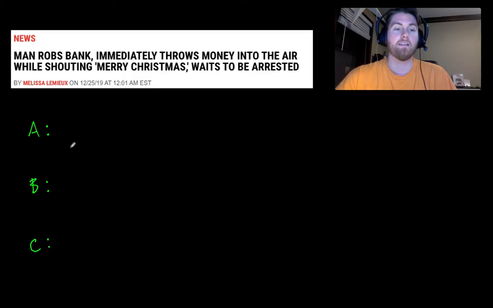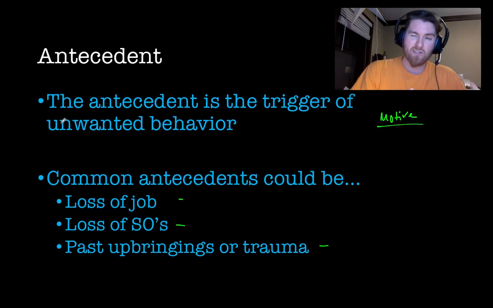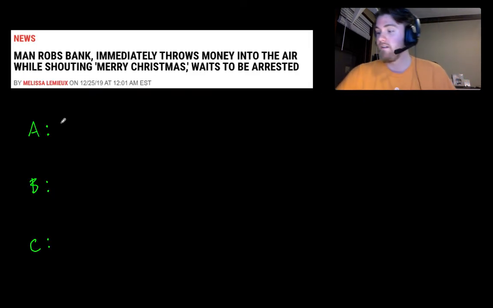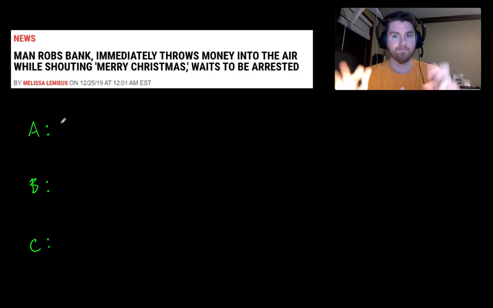Now, again, the antecedent here is whatever in the world caused them to have this trigger of unwanted behavior. Antecedents a lot of the time in thefts, especially thefts with money, could be loss of job. But something like this doesn't really scream to me, I need money, because again, he had the money. Well, had the money and then tossed it in the air.